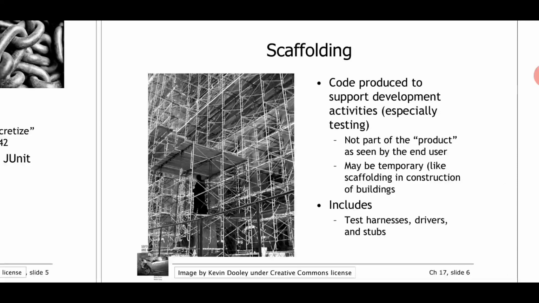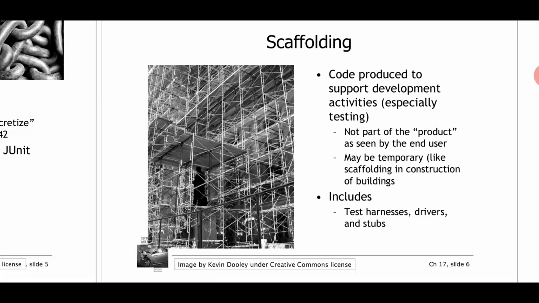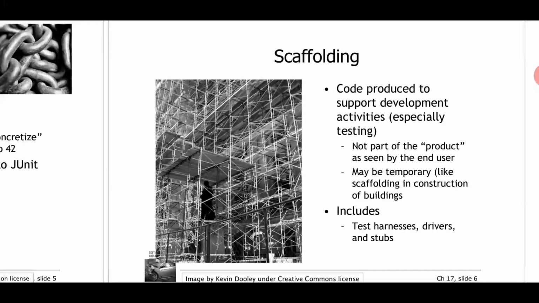This scaffolding includes test harnesses, drivers and stubs. These are the three important units of scaffolding. Scaffolding is a supporting structure that supports the code when developing it. It is not available to the end user.